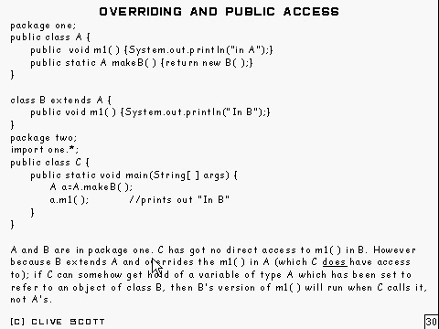And so, well, that's basically what this says down here. A and B are in package 1. C's got no direct access to M1 in B. However, because B extends A and overrides the M1 in A, which C does have access to, and of course if C can somehow or other get hold of a variable of type A, which has been set to refer to an object of class B, it's going to be B's version of M1 that will run when C calls it, and not A's.